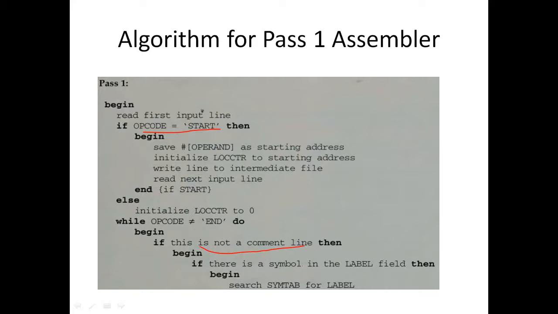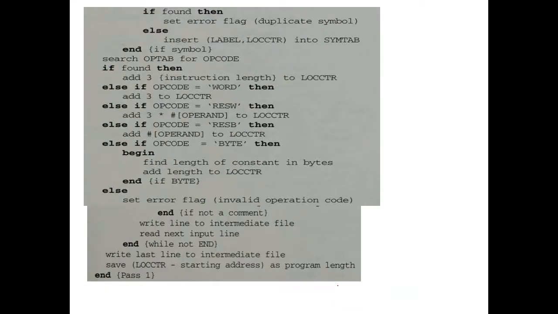If there is a symbol in the label field, then search the symbol table for that label. If found, that is, if the symbol is already there and you are storing the same symbol again, it will give you an error flag: duplicate symbol.